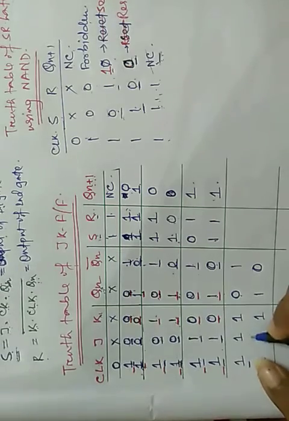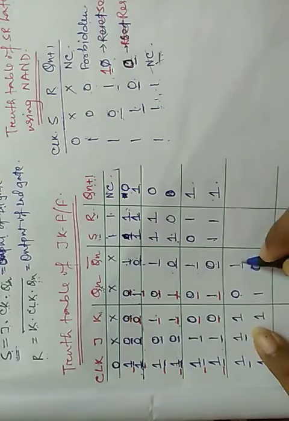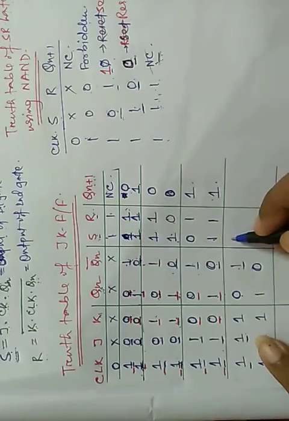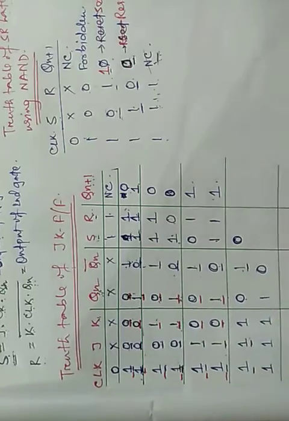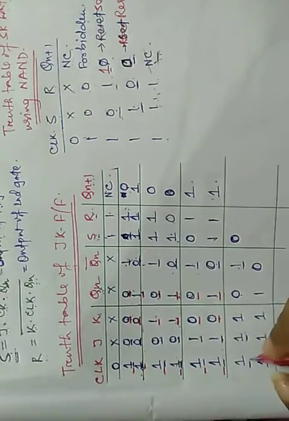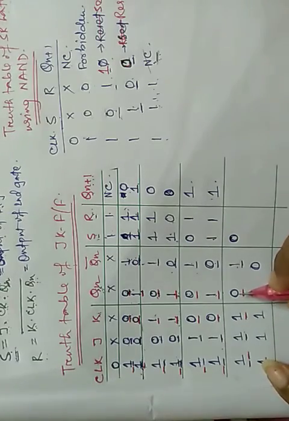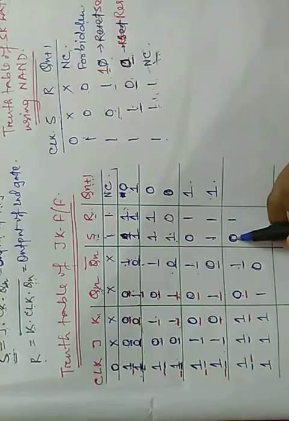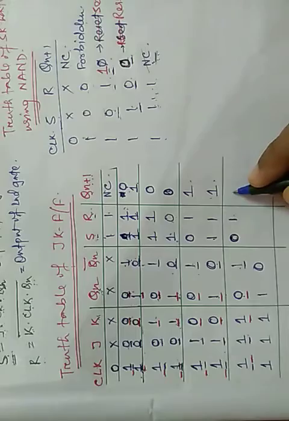When clock is 1, J is 1 and Qn bar is 1, three inputs are 1, so the output, which goes as input to S, is 0. In the second case, clock is 1, K is 1, but Qn is 0. One of the inputs is 0, so output is 1. So 0, 1.